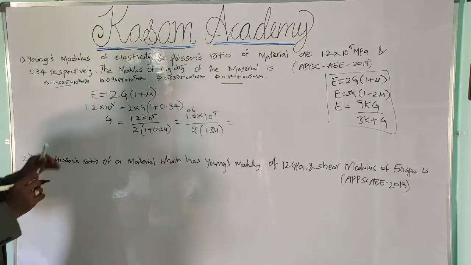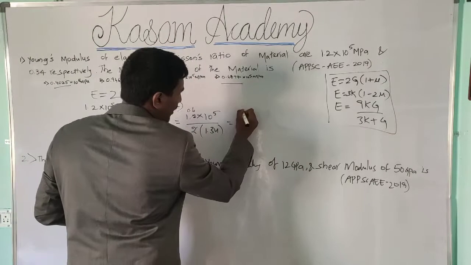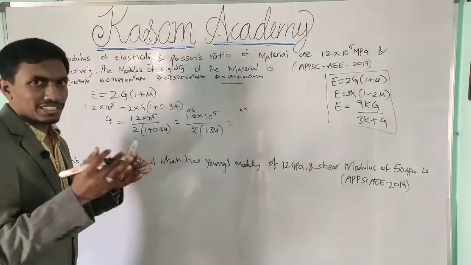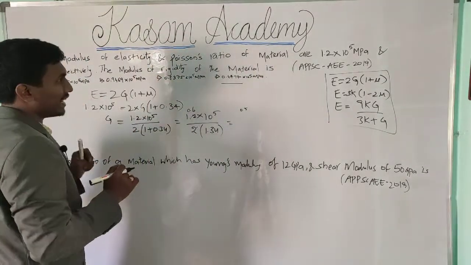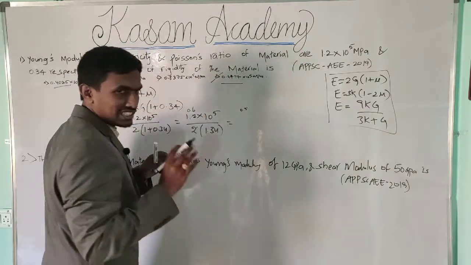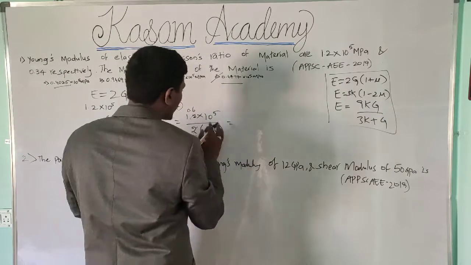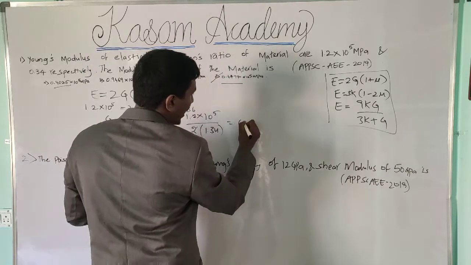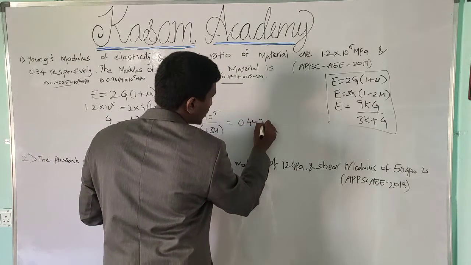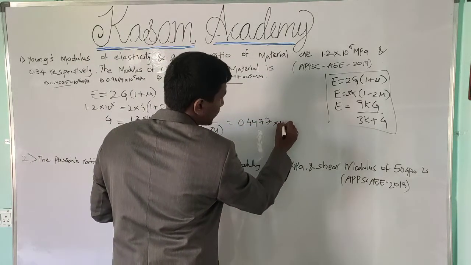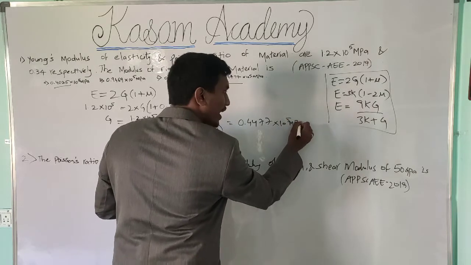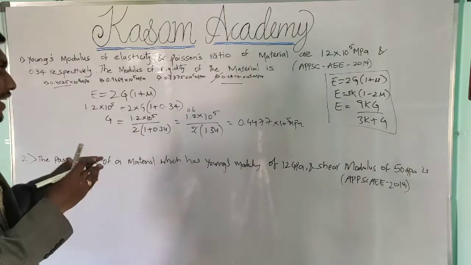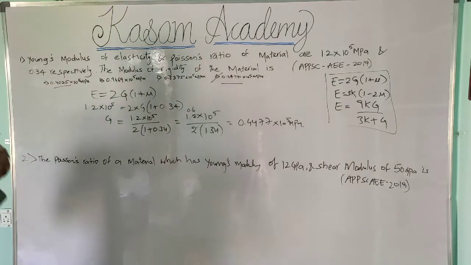It is nearer to 0.5 but not greater than 0.5. So we should take D as the answer, because by solving this we get 0.4477 into 10 power 5. You can solve and check also. It is the nearest value, and you will get the exact answer.